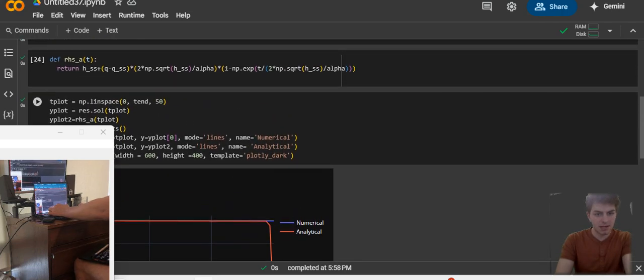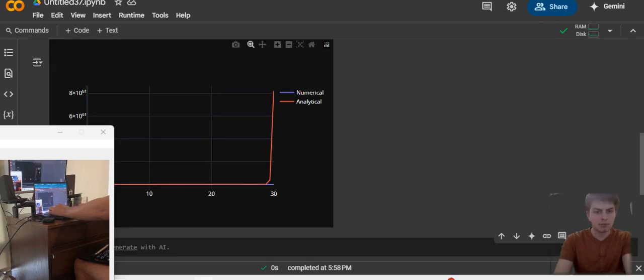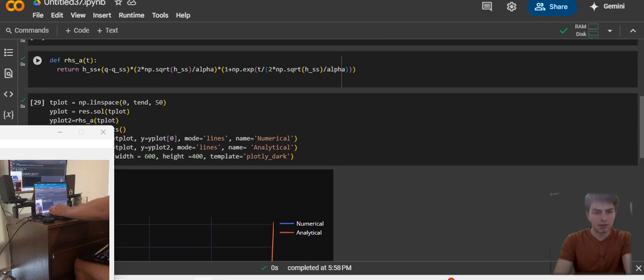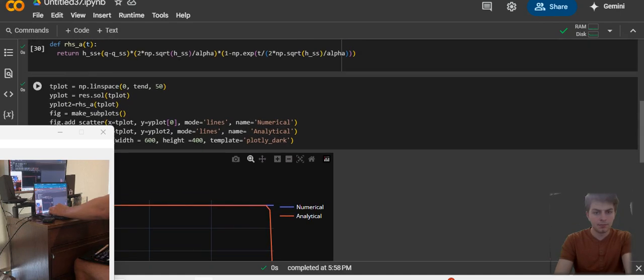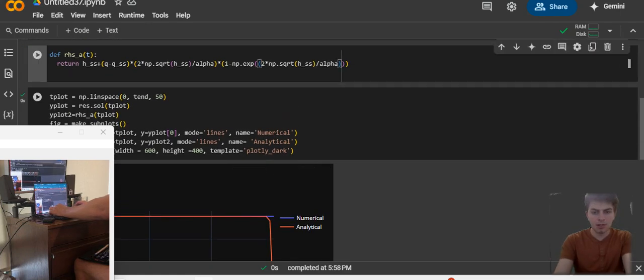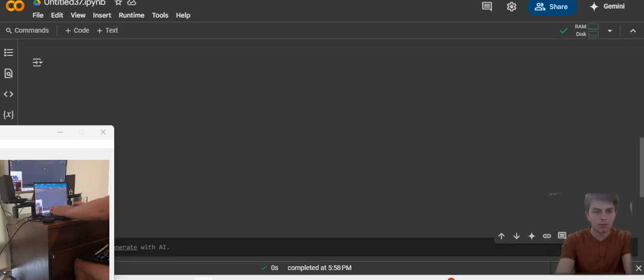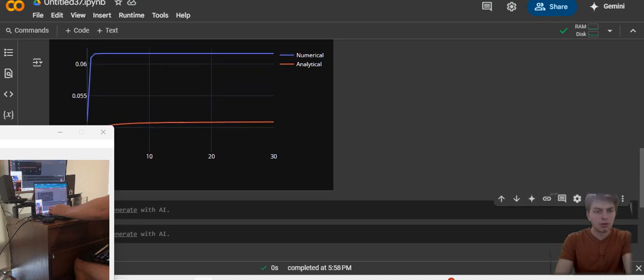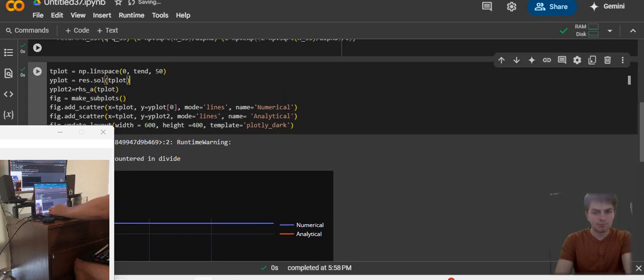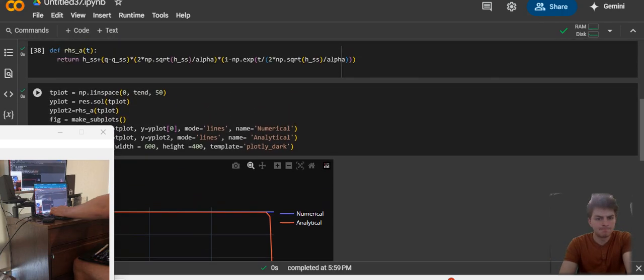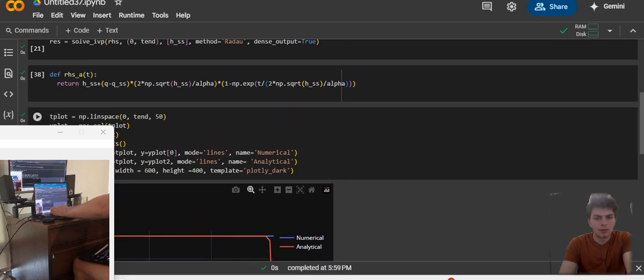Going down the wrong side there. This should be plus. No, definitely not. Should time be in the bottom of this? Okay, maybe not. Oh, it should be decaying over time.